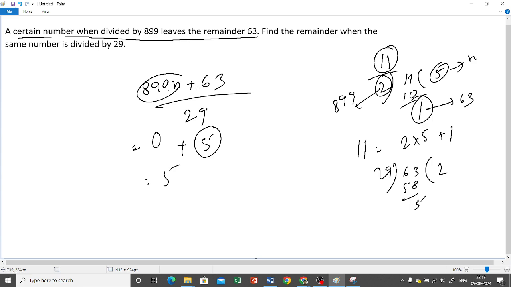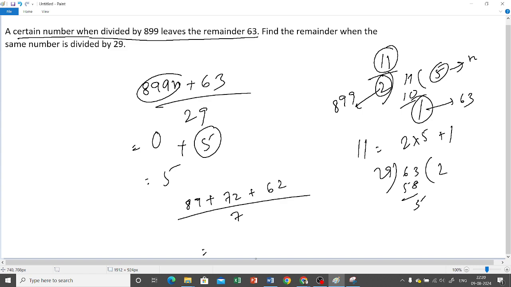Now you might be wondering, why did I add the remainders? This is the additive property of remainder. You tell me any three two digit numbers. Say 89, 72 and 62, and I'm dividing them by 7.